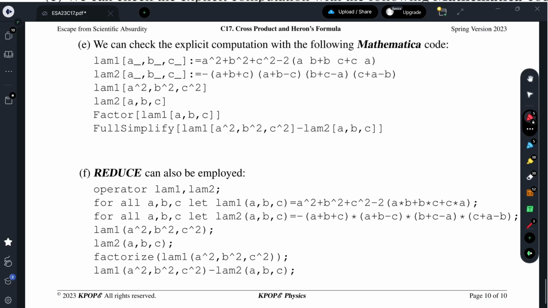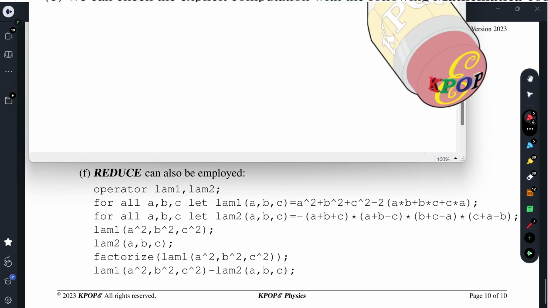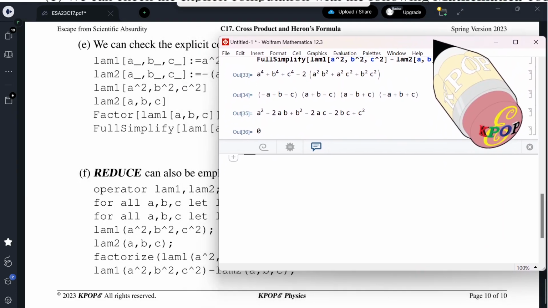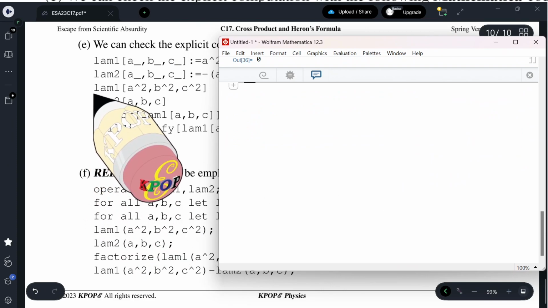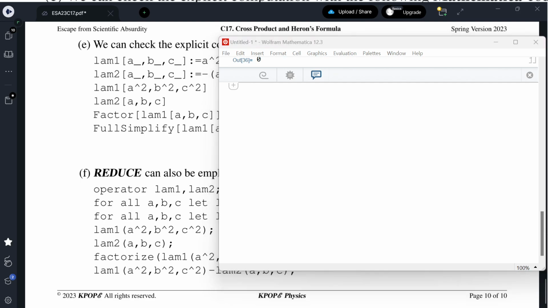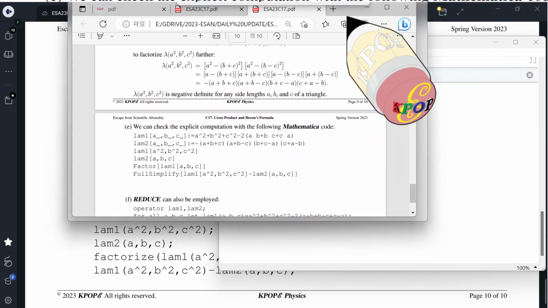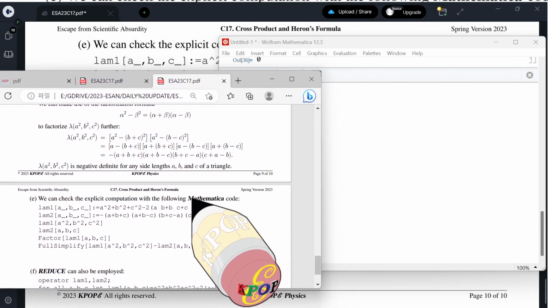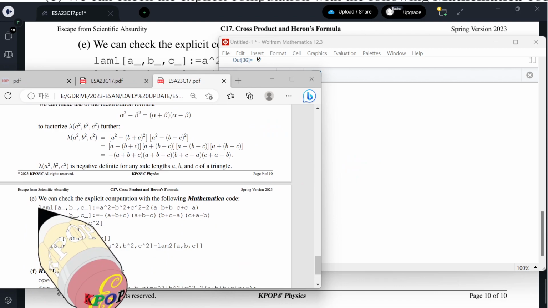Let's see. First of all, I bring Mathematica. And this is our PDF file.